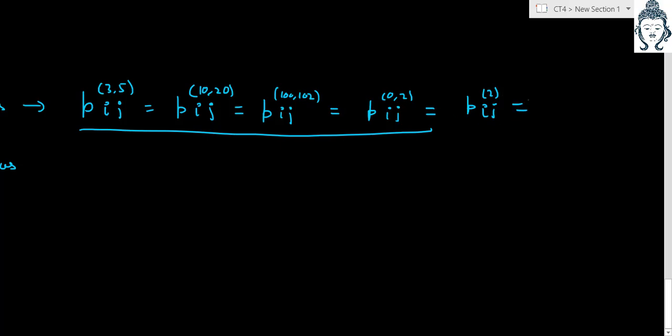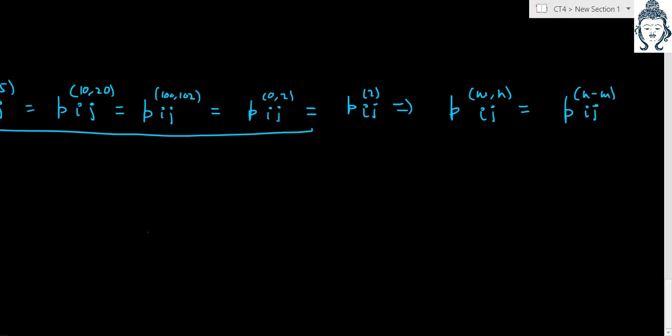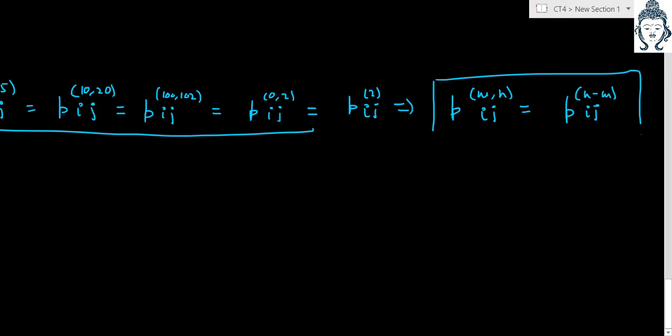Generalizing this, the probability of transition from state I to J from time M to N is the same as the probability of transition from I to J in the duration N minus M. It does not matter when you start. This is what a time homogeneous Markov chain is.